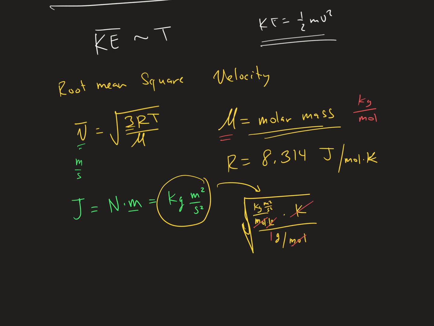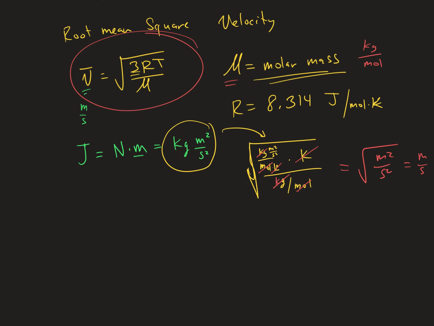So if we do that, that's a kilogram there, and the kilogram cancels out, leaving us with the square root of meters squared per second squared, which is meters per second. You follow? So that's going to be the average speed of our gas at a given temperature. You with me? Do you have to know all this stuff, guys?